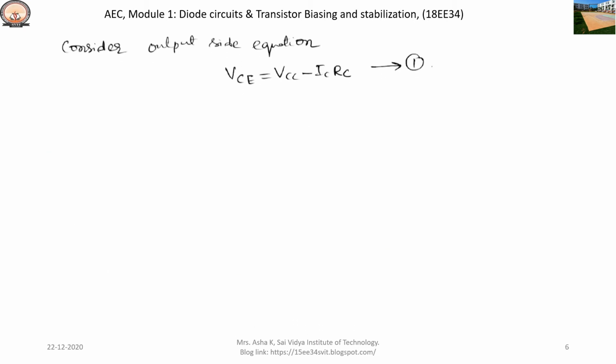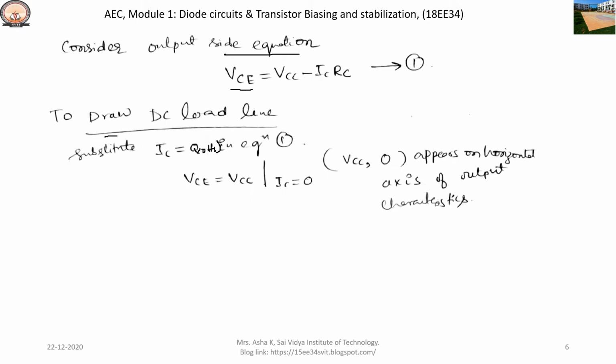To draw the DC load line, consider the output side equation, that is the output voltage equation, VCE is equal to VCC minus IC RC. To draw the DC load line, we substitute the output current IC equal to 0 in equation 1.